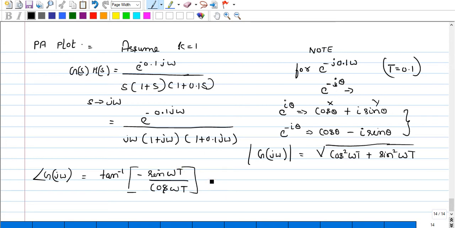I can take the minus outside, since tan of minus theta is minus tan theta. So it is minus tan inverse of sine by cos, which is tan inverse of tan omega t. So this will give us minus omega t radians.